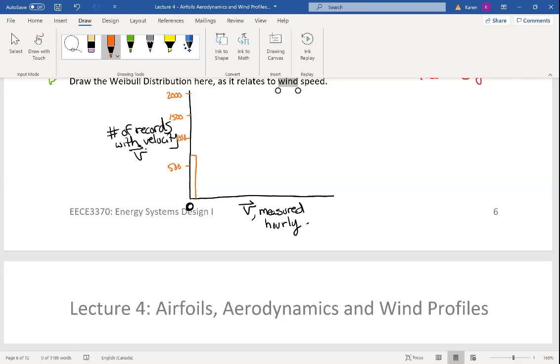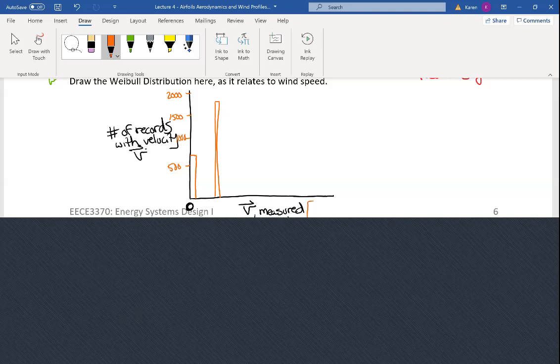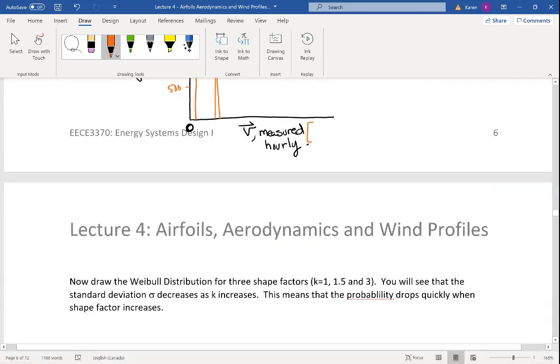And up here in this velocity, this actual data that I've got is measured in knots. And that's not really that consequential to us, but it's a way of measuring wind speed.